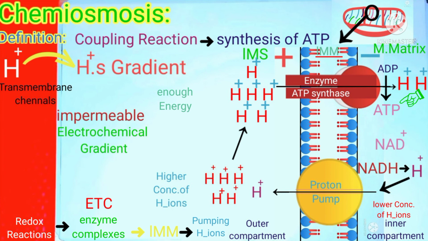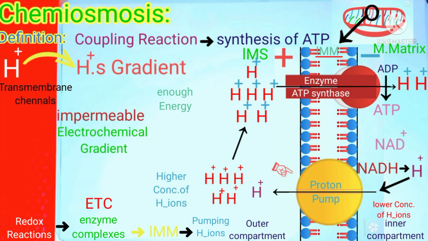This is the basis of ATP energy generation inside any organism's body, and this is the whole mechanism of chemiosmosis which occurs inside the inner mitochondrial membrane via the enzyme ATP synthase and a proton pump, that is a protein.